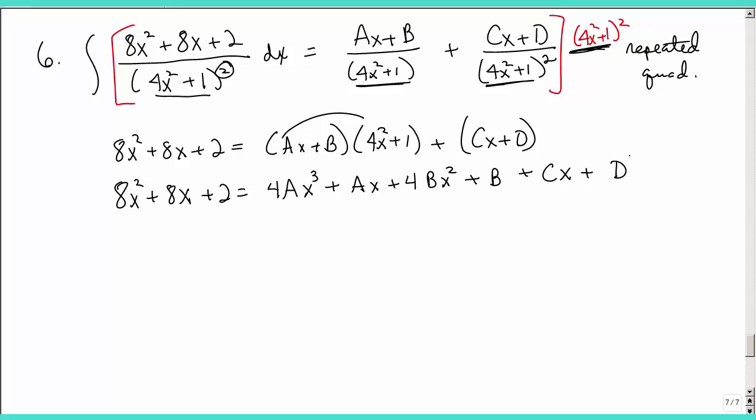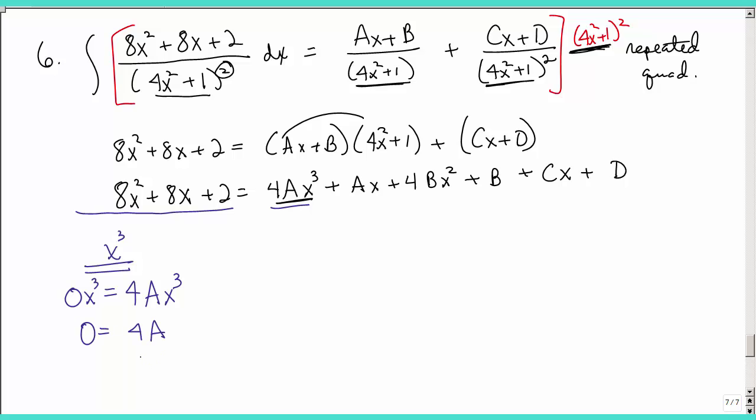So I start equating coefficients. So I'm thinking I'm going to start with x cubed. Okay, so if I have x cubed, do I have any on the left? No. What do I have on the right? That's it. So I have 0 equals 4a. So a is 0. Yay, done.